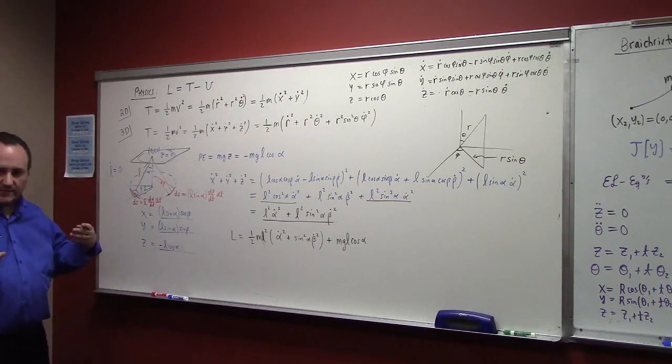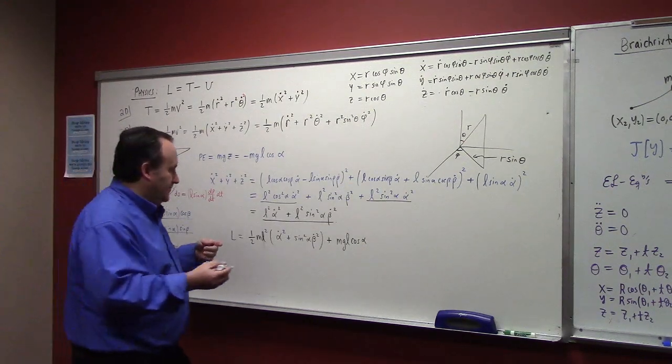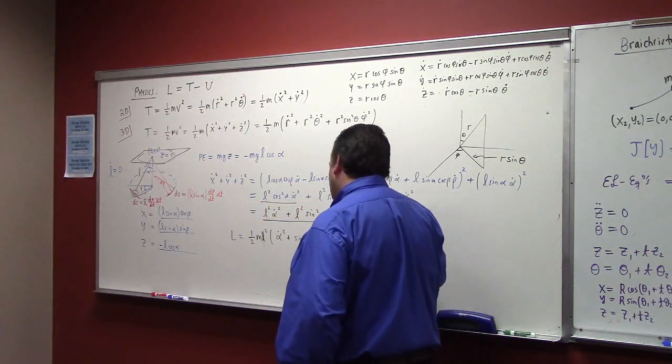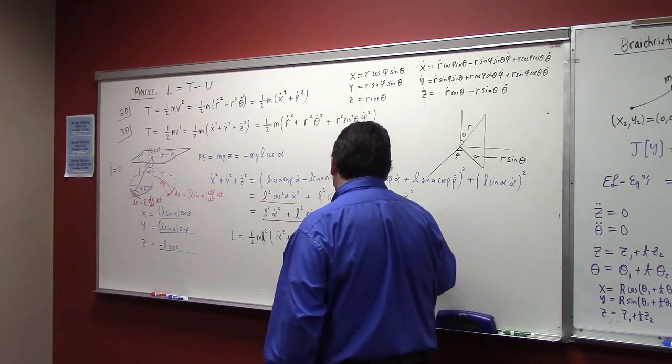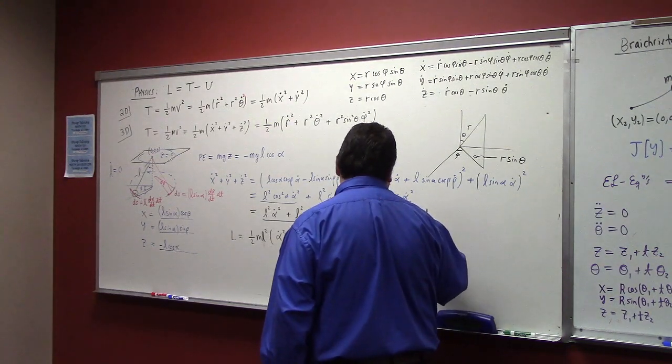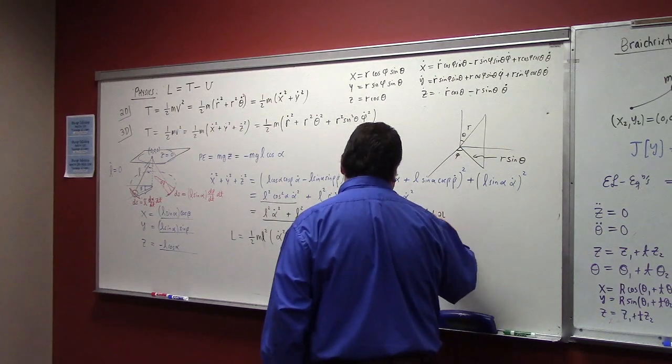And then we can write down the Euler-Lagrange equations for the motion. Like, for instance, for alpha, I have partial L partial alpha is equal to d dt of partial L partial alpha dot.